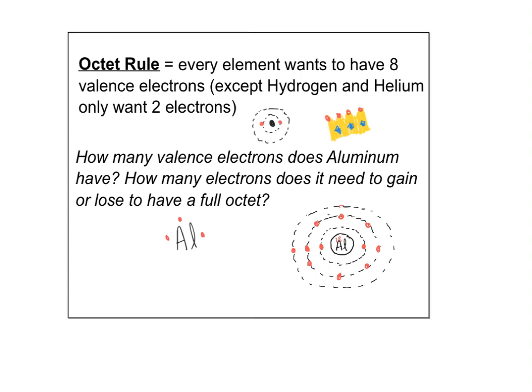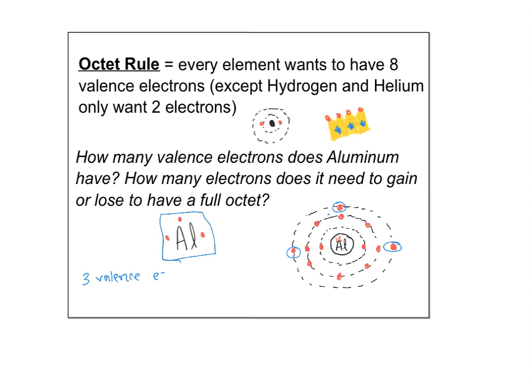So I need 1, 2, 3. So how many valence electrons does aluminum have? 1, 2, 3, and then I just kind of simplified that picture over here if you haven't seen yet with the 3 valence. So it has 3 valence electrons.